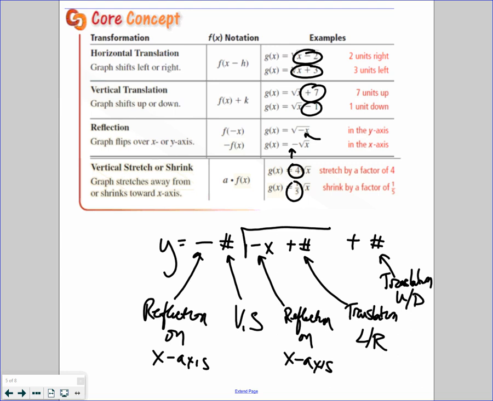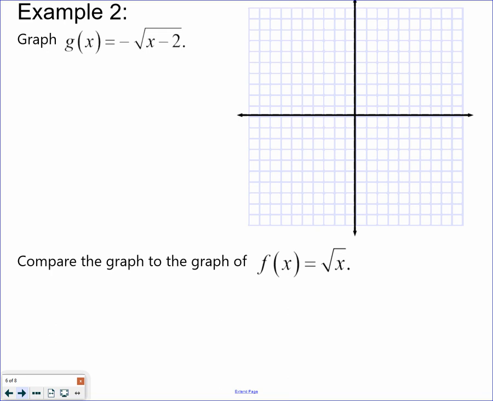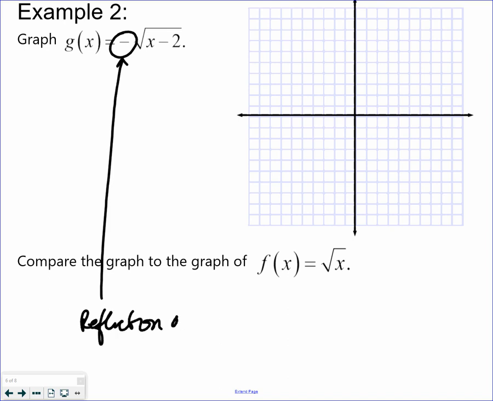So when we're talking about describing the transformation, you have to understand what is being done and where it is located. So here we go. I just want to describe this first. We'll get to the graph in just a second. A negative sign out in front is a reflection on the x-axis.